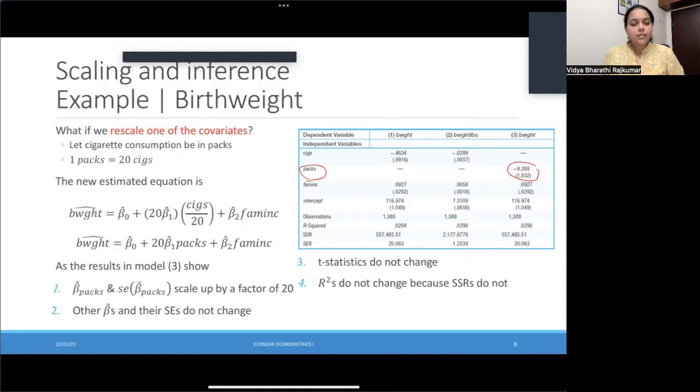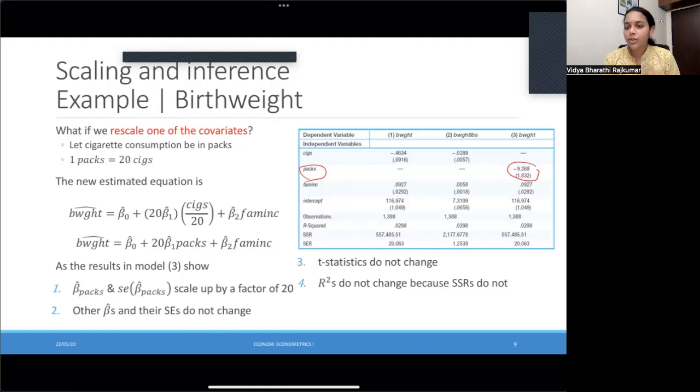All right. So now we've seen how rescaling happens with the y variable. Let's see how rescaling plays out when we rescale one of the covariates, the x variable. So let us now define cigarette consumption in packs of cigarettes, which is a fairly realistic thing to do, right? Generally smokers will consume cigarettes in packs.